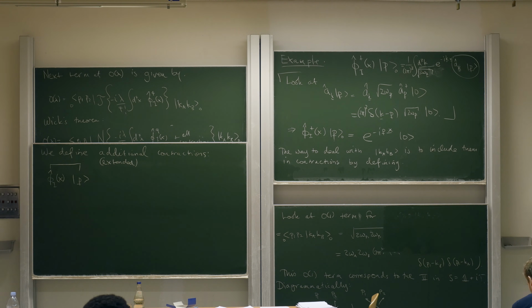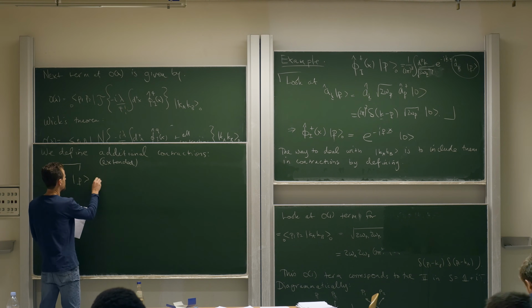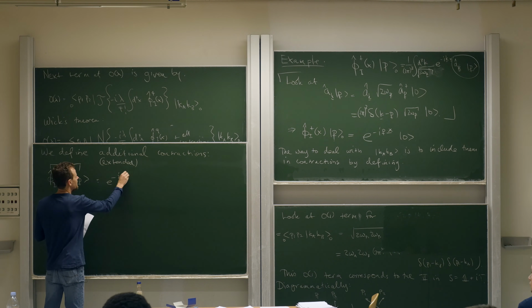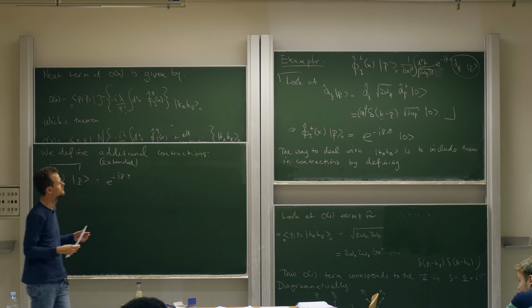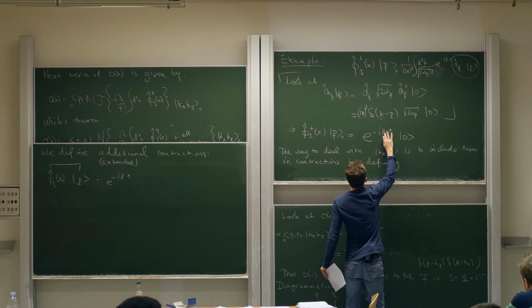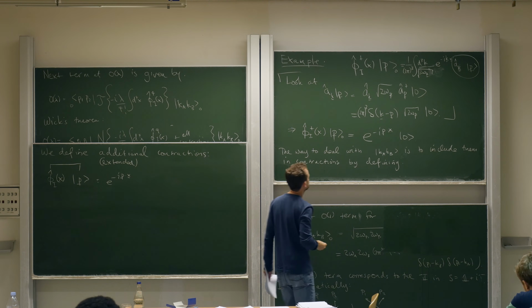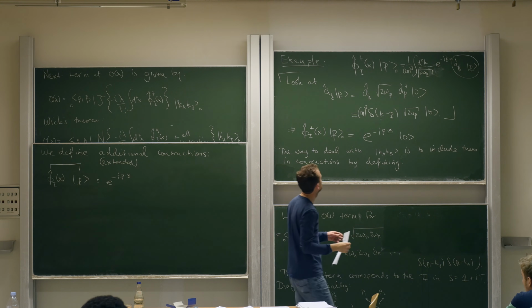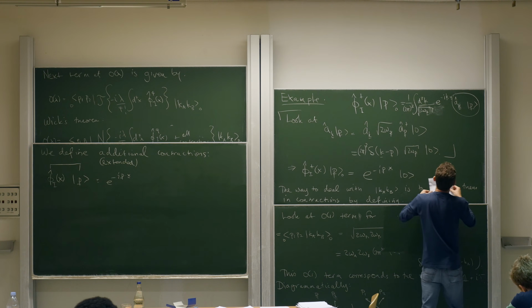So this symbol here, whenever you see this symbol, a contraction of a field operator against a momentum eigenstate like that, this will just mean e^{-ip·x}.